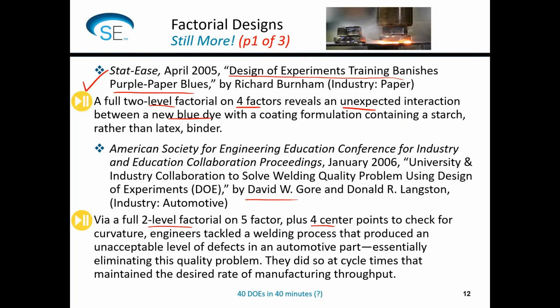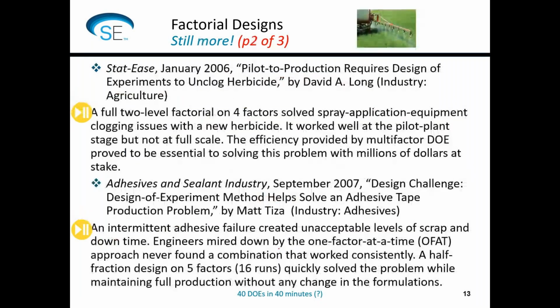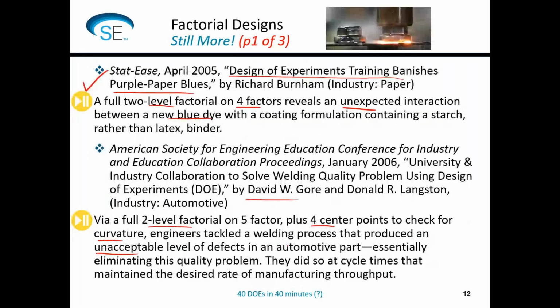So that was good to check curvature. And they were able to tackle this welding process that was unacceptable. And they were able to get that unacceptable level eliminated, essentially, and do it at cycle times that maintain the desired rate of manufacturing throughput. Very nice.